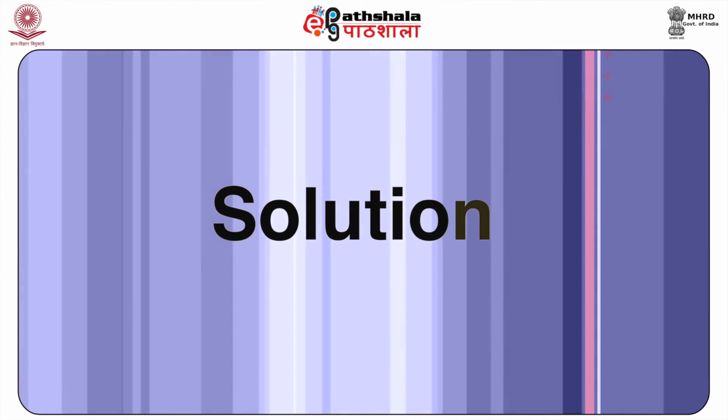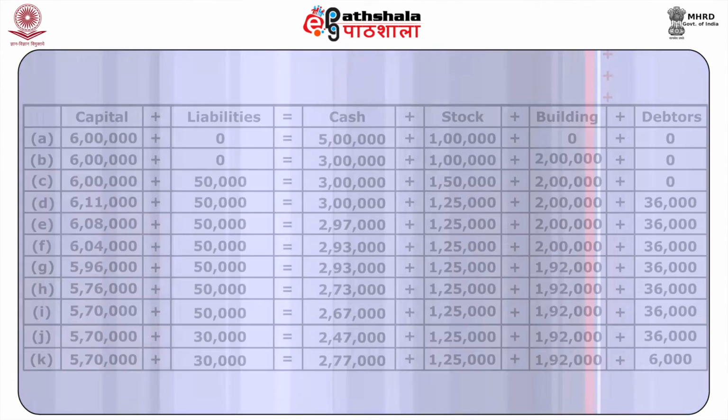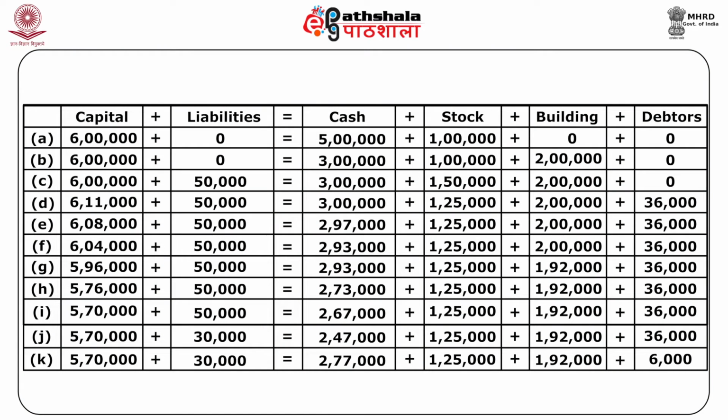Now let's come to its solution, where again capital plus liabilities is equal to cash plus stock plus building plus debtors. Let's come to A part, where 6 lakh of capital plus 0 liabilities will give you cash of 5 lakh plus stock of 1 lakh plus 0 building plus 0 debtors.